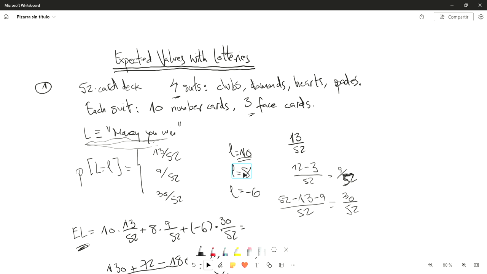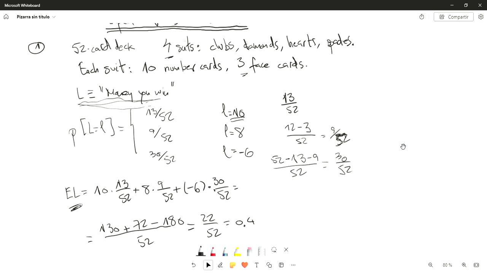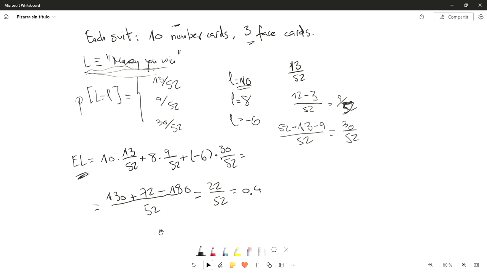Again, plus the value of the variable times the probability, plus the value of the variable times the probability, and computing this we get 22/52, which is 0.4. The exact value will be 0.42.